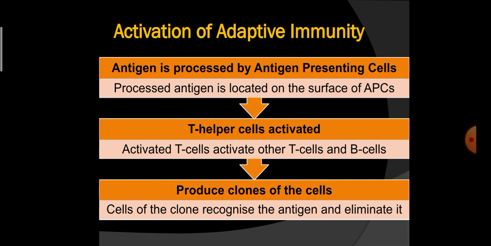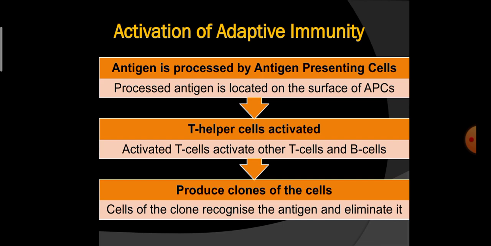If the cell wall has to be degraded and internal structures have to be exposed, or they form a complex so that the other immune cells can identify. The processed antigen is located on the surface of the APC and forms a complex.